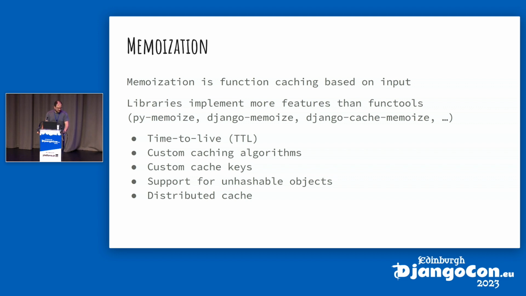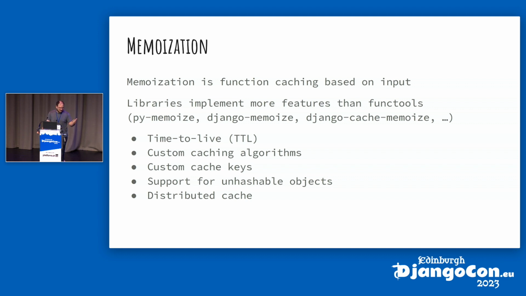You can construct custom cache keys, so it's not only based on the parameters, but I can transform these parameters or other things to create better cache keys and handle that cache better.